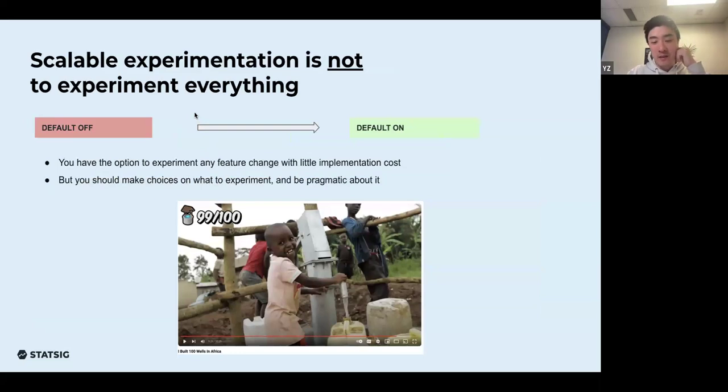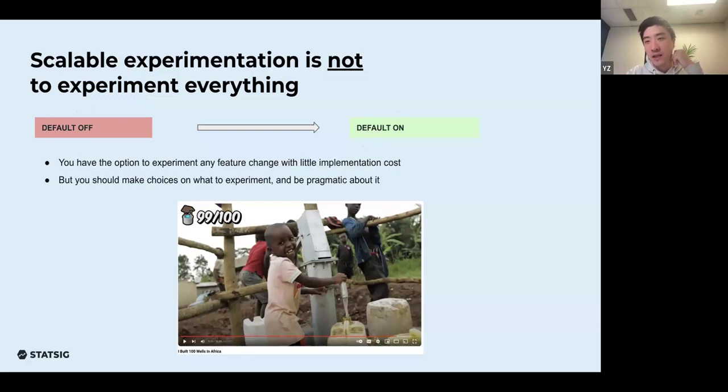But another thing to call out is scalable experimentation is not to experiment everything. The option is from default off to default on, but default on doesn't mean you should experiment everything. It just means experiment velocity is no longer a bottleneck. You can choose to experiment as much as you want to, but you still need to test good ideas.